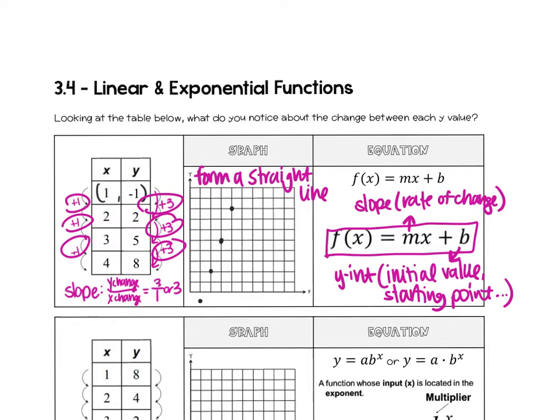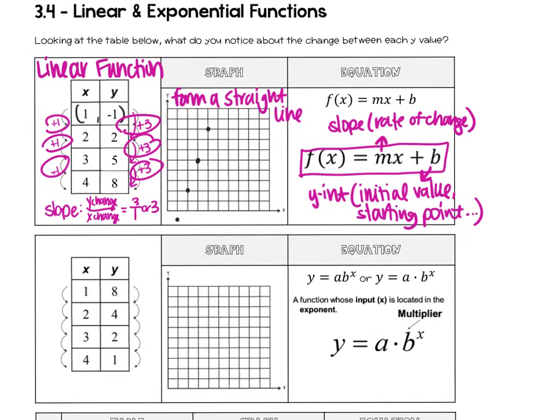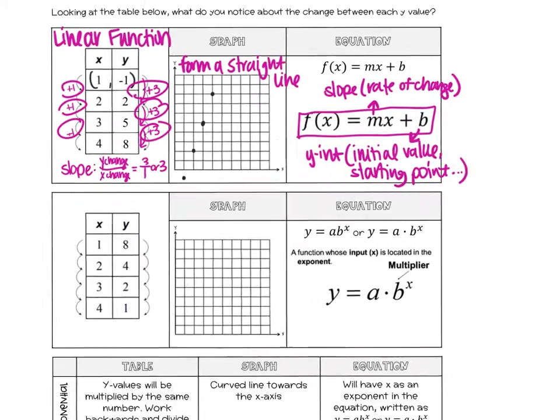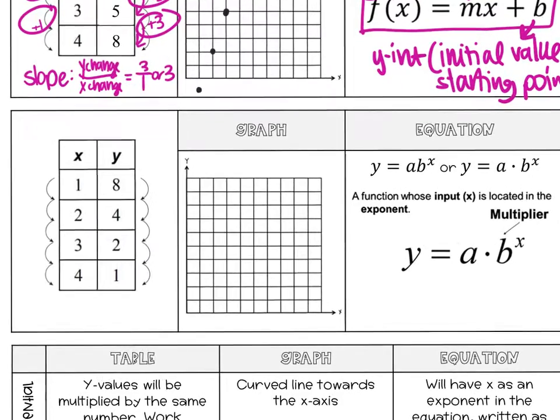So these are what's called linear functions. All right, so those are some ways to identify those. They're written in slope-intercept form, they form a straight line, or they have a constant rate of change on a table.